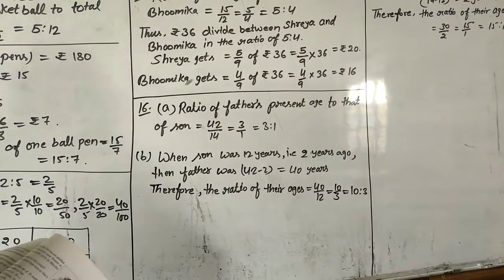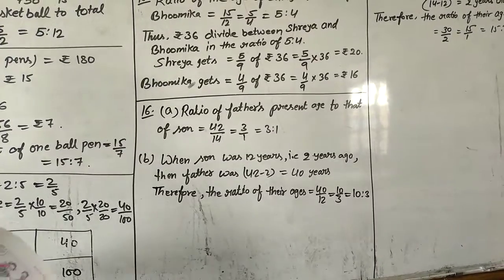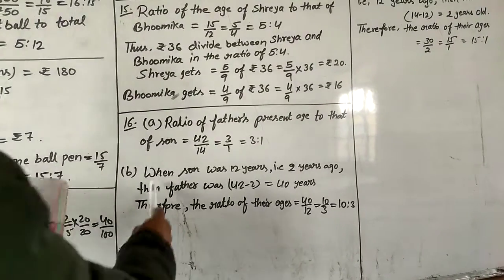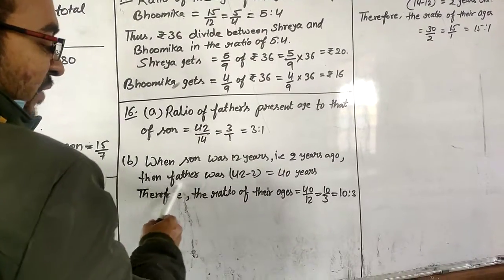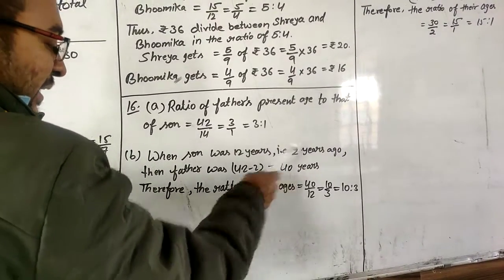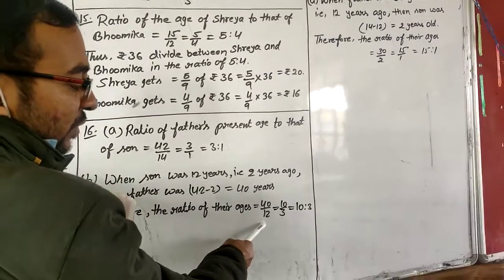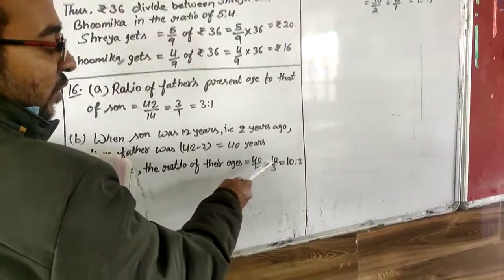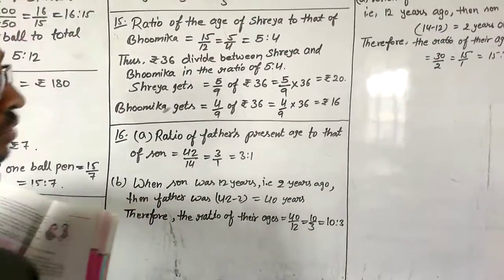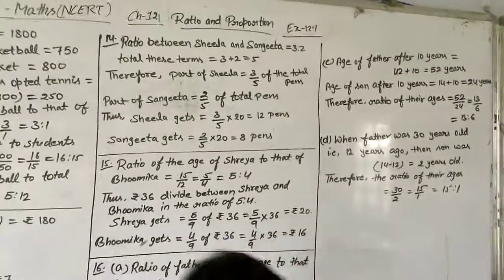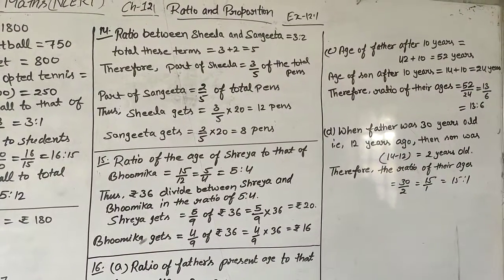B part, the age of the father to the age of the son when the son was 12 years old. When the son was 12 years, that is 2 years ago, then the father was 42 minus 2, 40 years, and the ratio of their ages is 40:12. So cancel by 4: 40 is 10 times, 12 is 3 times. So 10:3.